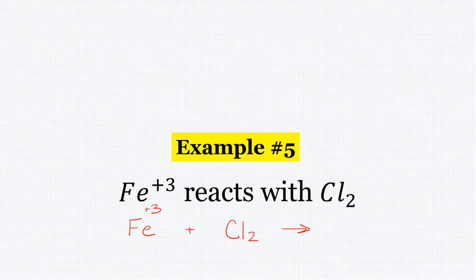If we look up chlorine, chlorine has a charge of -1. So to get this to balance, when I write out my product, it's going to be iron, and then chlorine, Cl3. The reason being, we know that we have a +3 on the iron. Each chlorine contributes a -1, so I need 3 of those to get my -3 to balance out. Let's do our table.